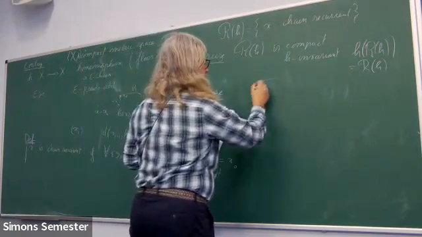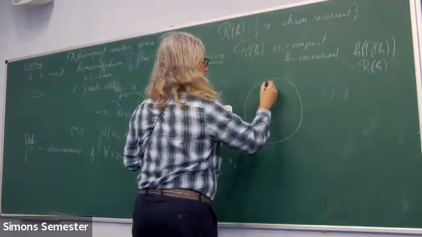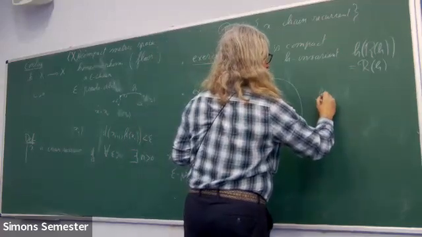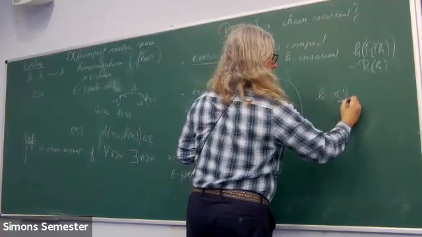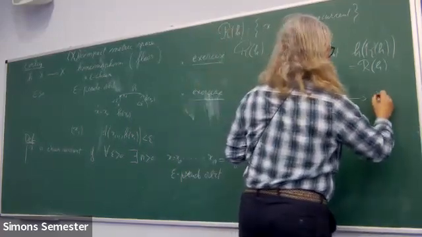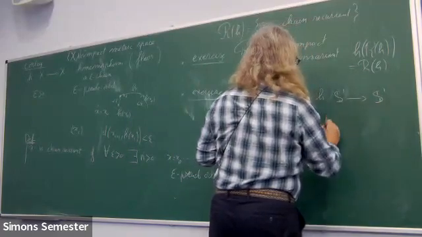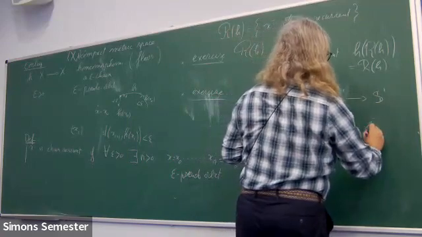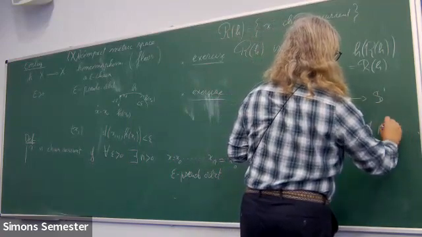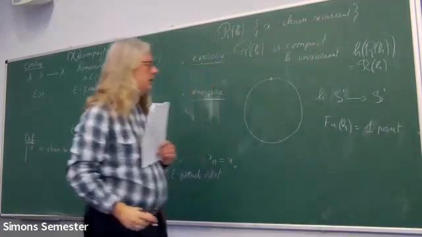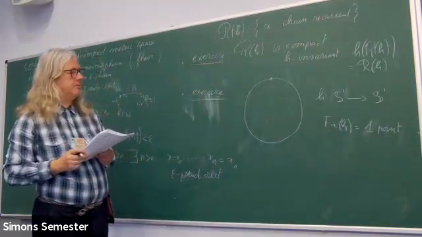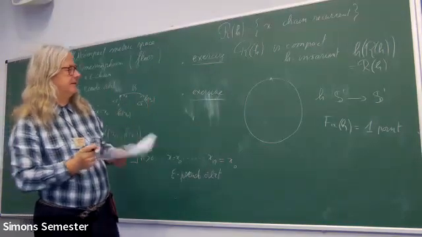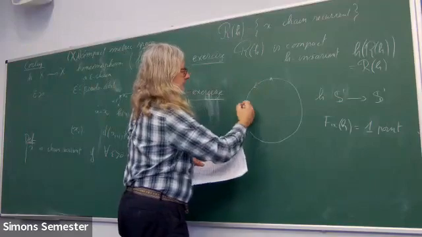If you consider on the circle some homeomorphism which has a unique fixed point, so the fixed set of h is just one point, maybe you can see that the dynamic is like that.